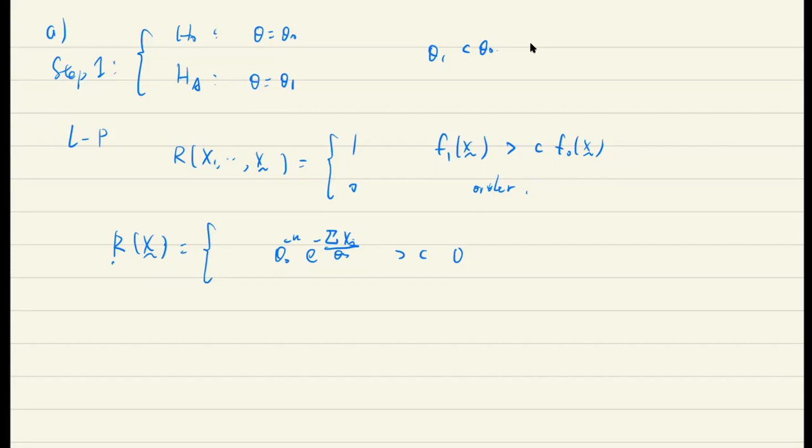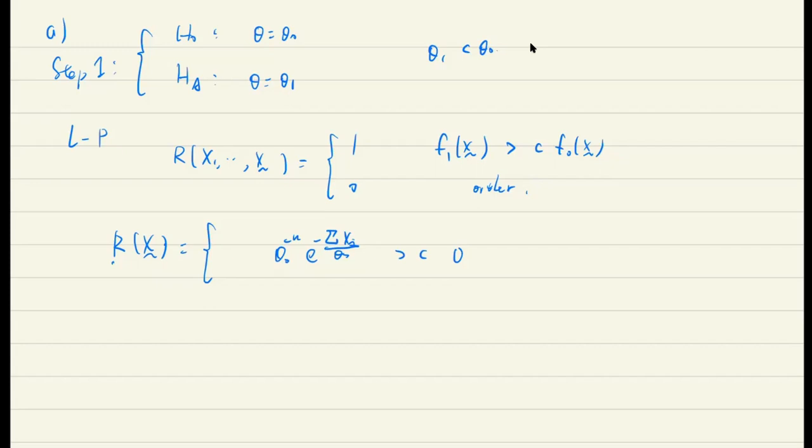Then we can define C star. This must be equal to alpha. The summation of Xi follows the gamma distribution with degree n and theta 0.